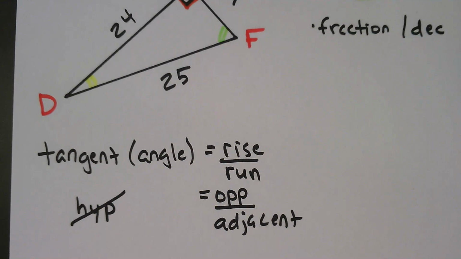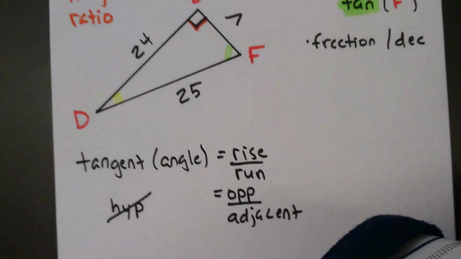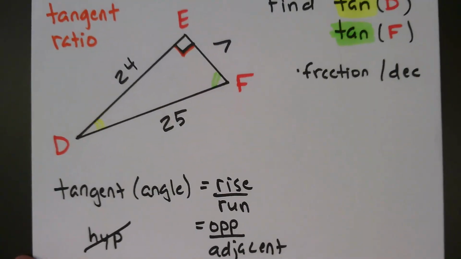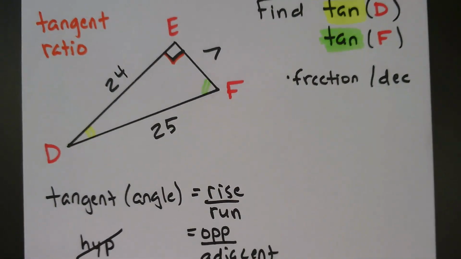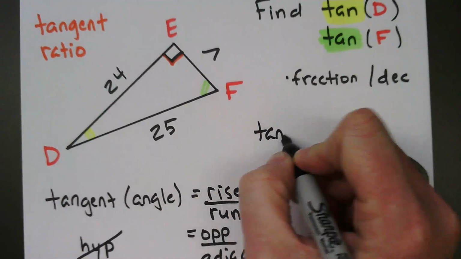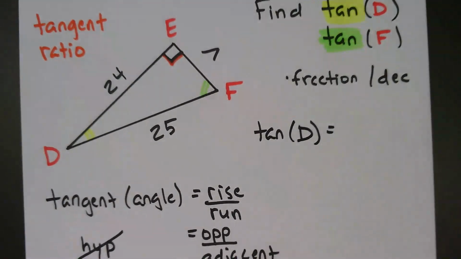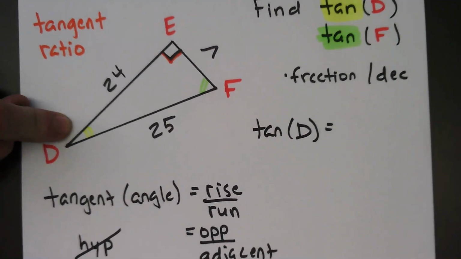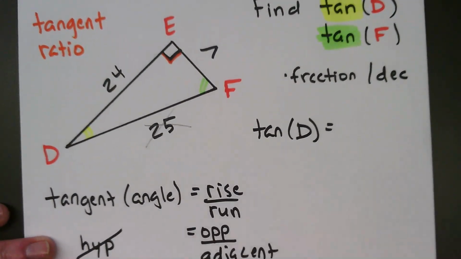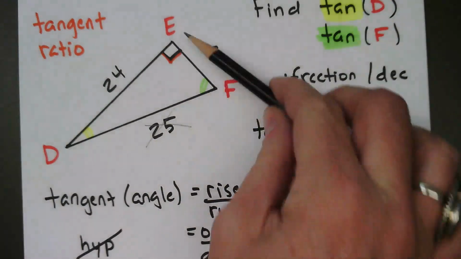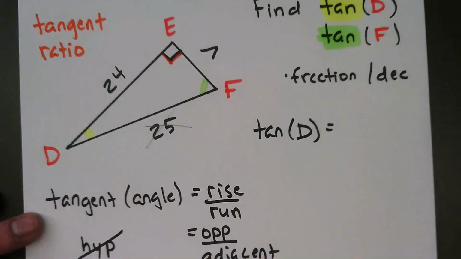Okay, so let me zoom out just a little bit so we can see all of this together. Good, we are asked to find the tangent of D. So from angle D, the tangent of D, so it's always the tangent of an angle. This is angle D here. Now, just to keep in mind, we are not going to be using 25. This will not be a side that we use in that ratio because that is the hypotenuse. It's always going to be these two sides.